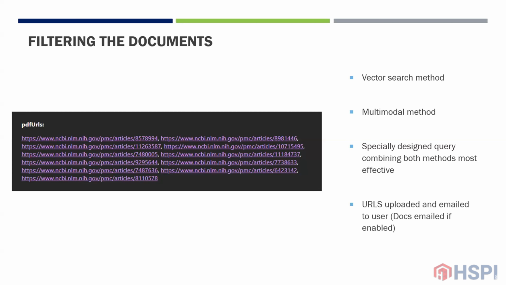After the documents are uploaded to our OneHub and S3, if you enable the bot to be built, it would automatically be built now. However, since it's uploaded to our system, a chatbot can be built later from it. It emails you the URLs to the documents, and if you have email docs on, it'll send you actual PDFs.